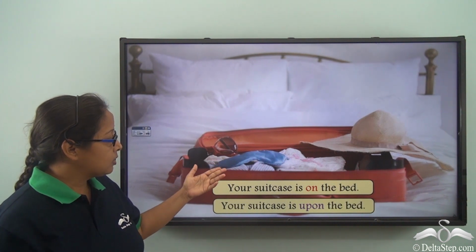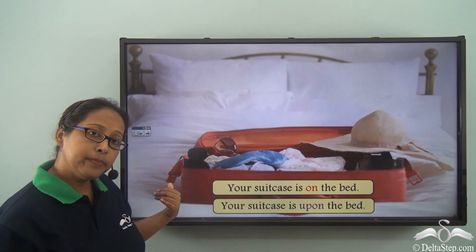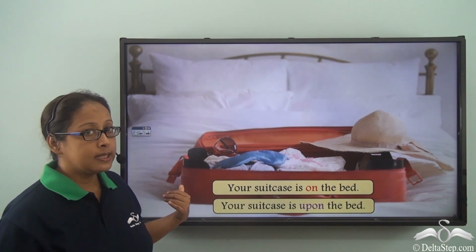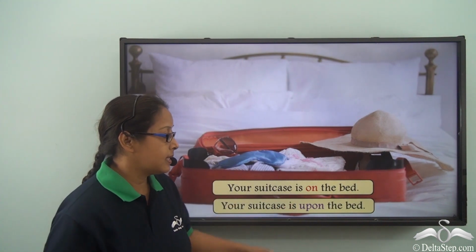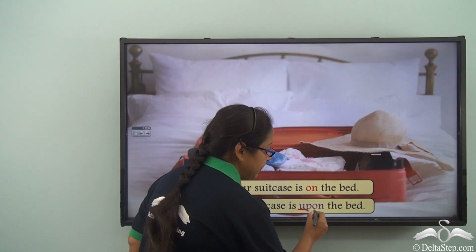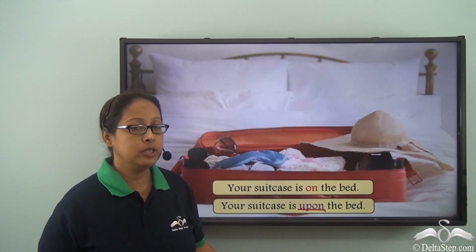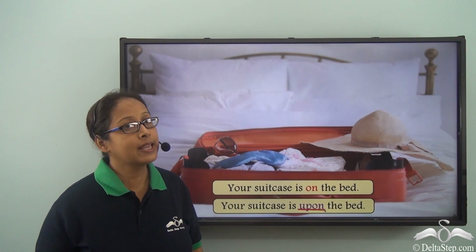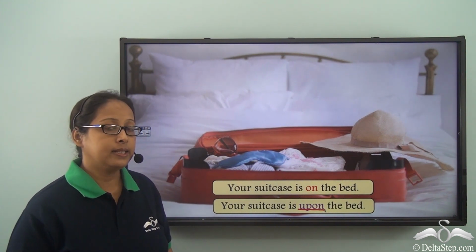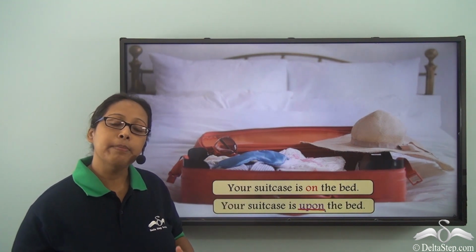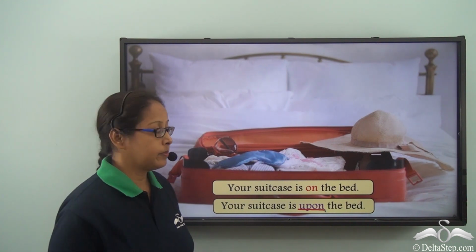Here we can see that the suitcase is on top of the bed. So we can say that the suitcase is upon the bed. So on and upon both are prepositions and they both have the same meaning in the sentence, which means something is kept on top of something else.